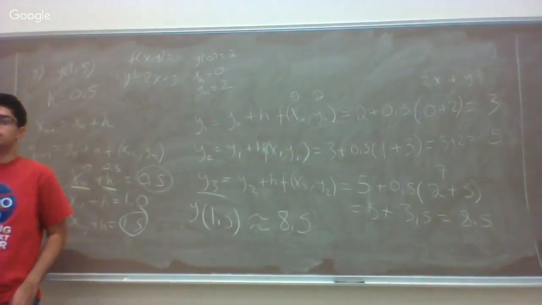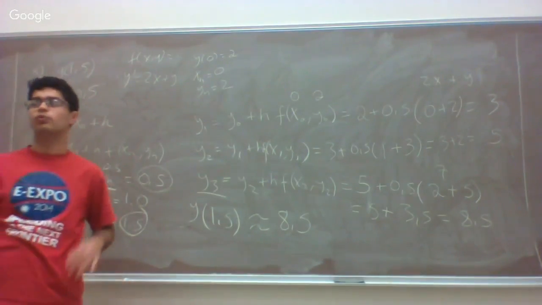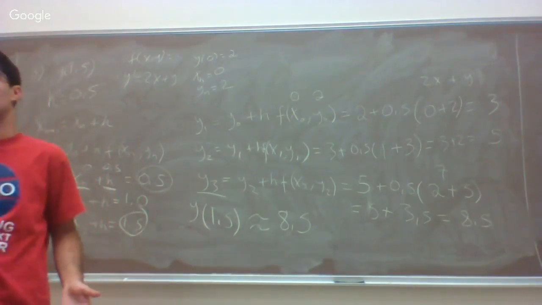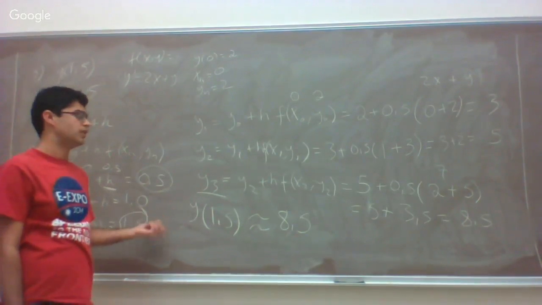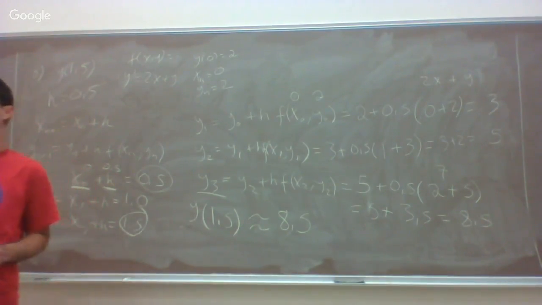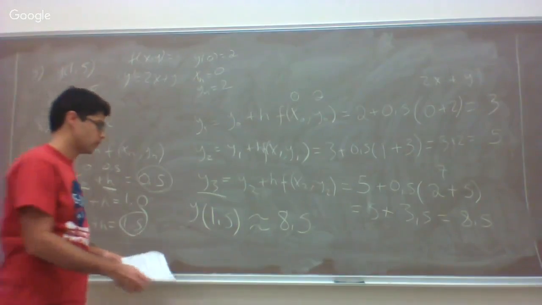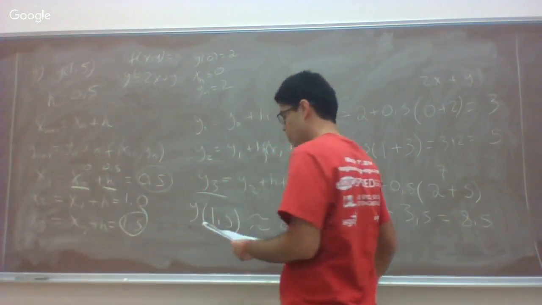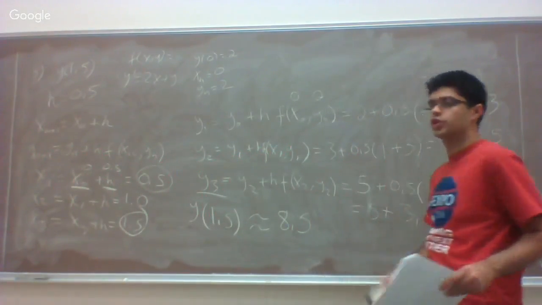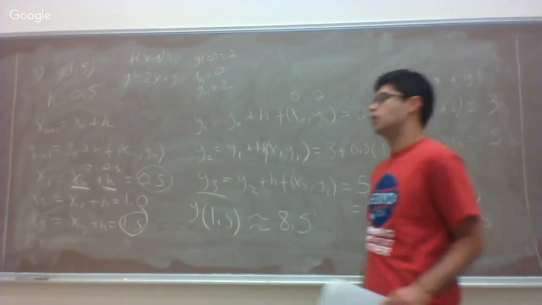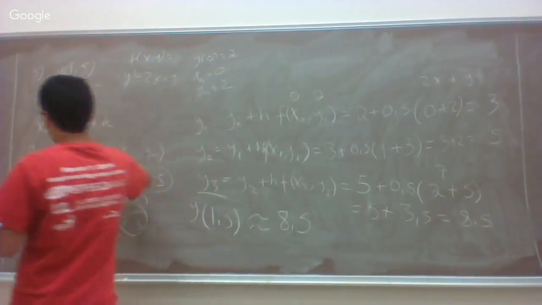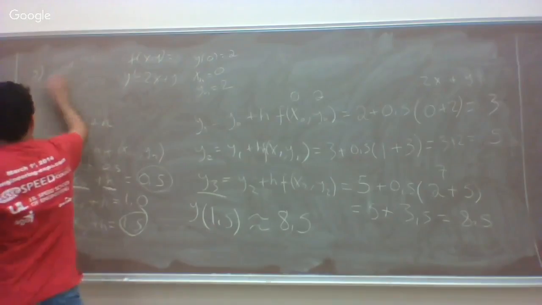This is a weird equation. We wanted to approximate what the value of y at 1.5 would be, and this is one method of doing it. So all the approximation methods are essentially plug and chug because they give you the equations. So just make sure you don't make algebra mistakes.